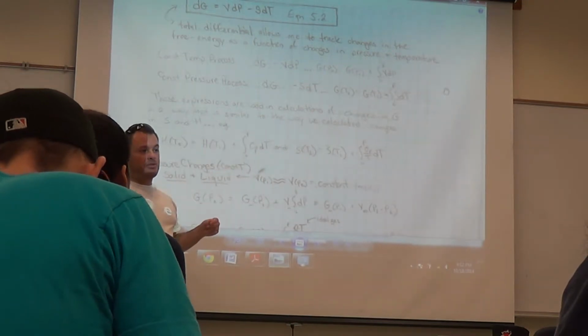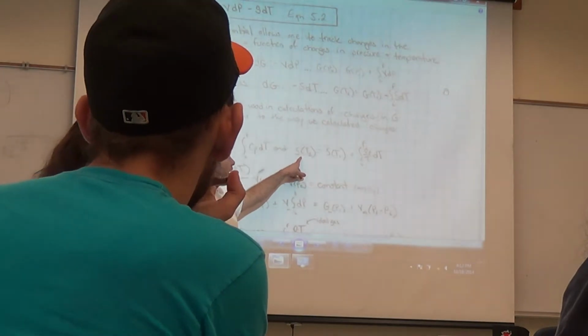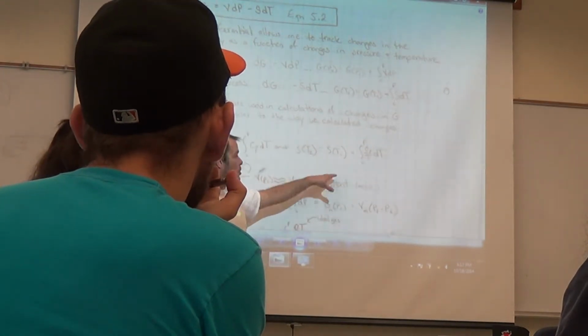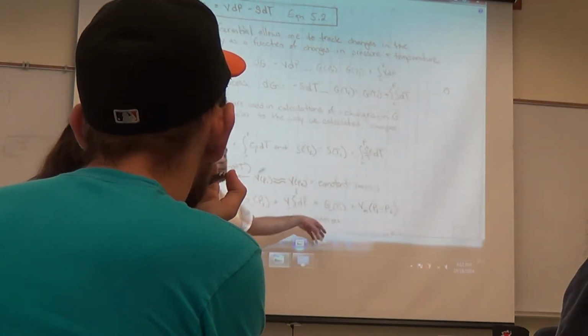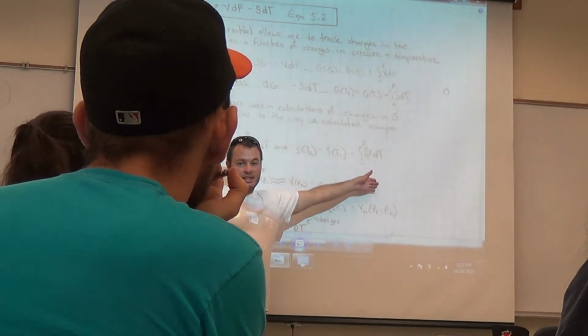We've used that several times in problems. And also we saw that for the entropy, if we were trying to figure out what the entropy was at some new temperature T2, it would be s of T1 plus the integral of Cp over T dt.